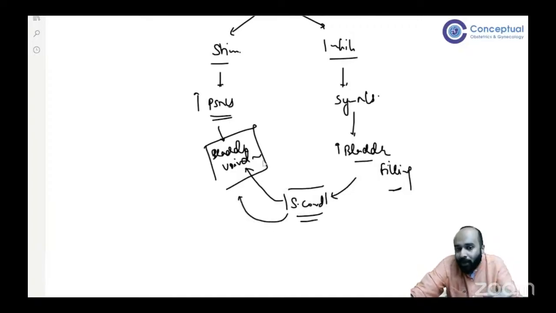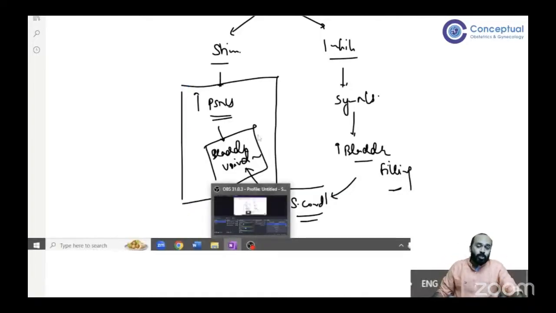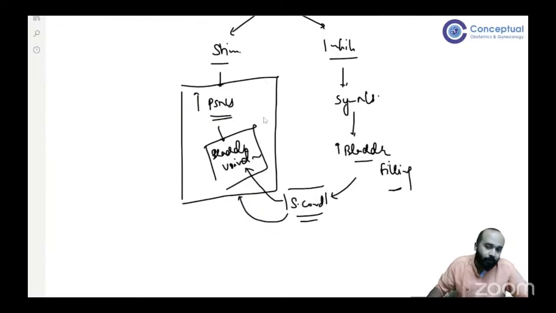So until a point, your spinal cord and your pons are going to maintain this balance between socially appropriate and inappropriate micturition. But beyond the point, when the capacity is too full, it escapes this mechanism and the spinal cord will directly, as a reflex, cause urination. The point to be noted is that the parasympathetic nervous system is the one associated with bladder voiding, and hence we always say that micturition is a parasympathetic reflex.